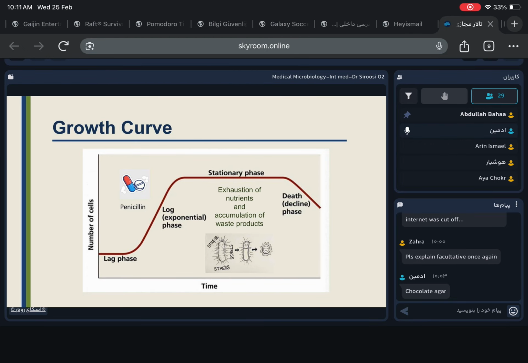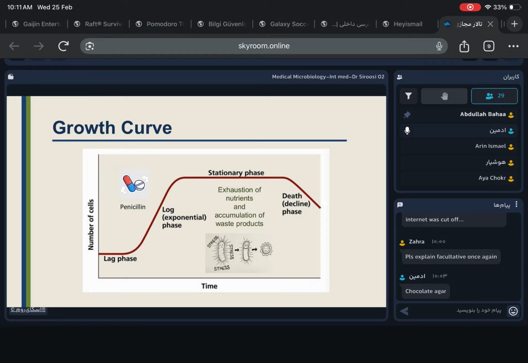So here you can see the growth curve of bacteria. This growth curve shows the number of viable cells in a bacterial population over time.